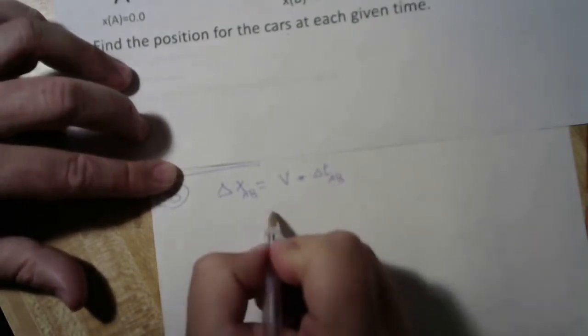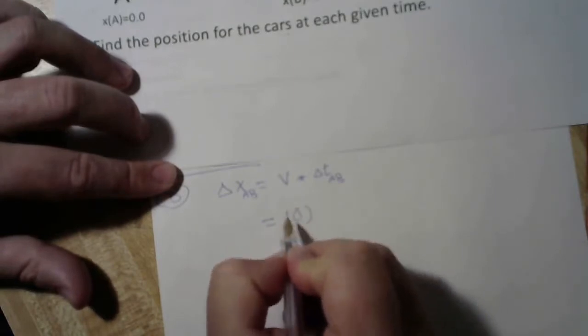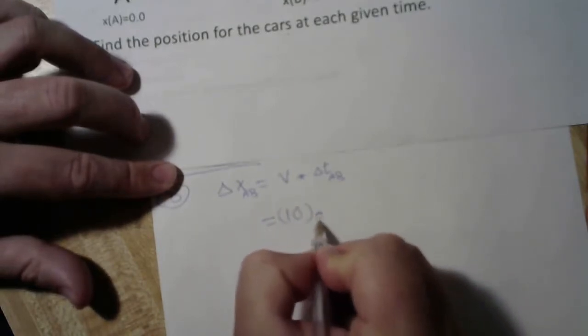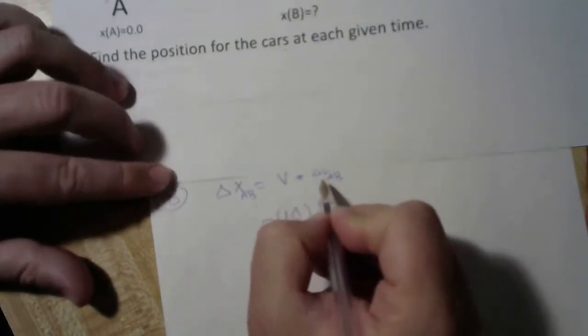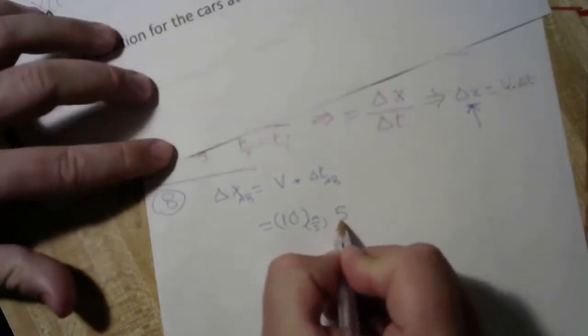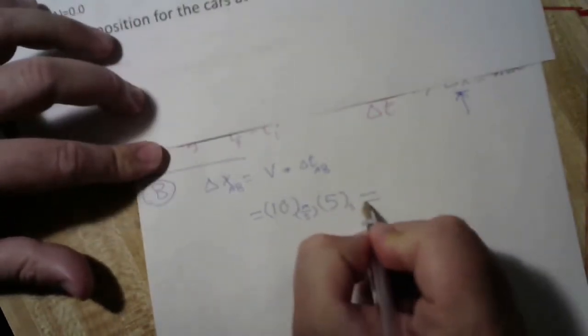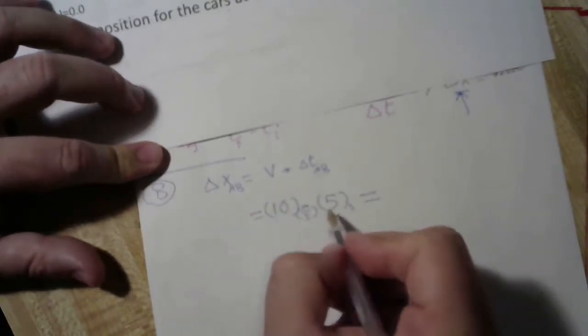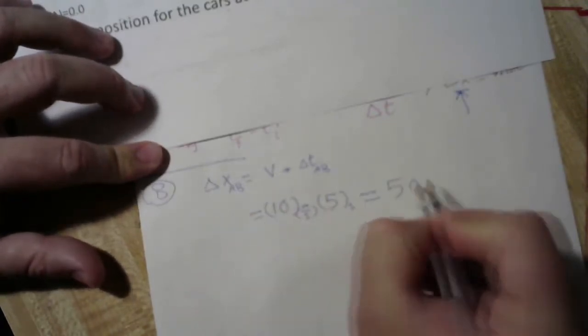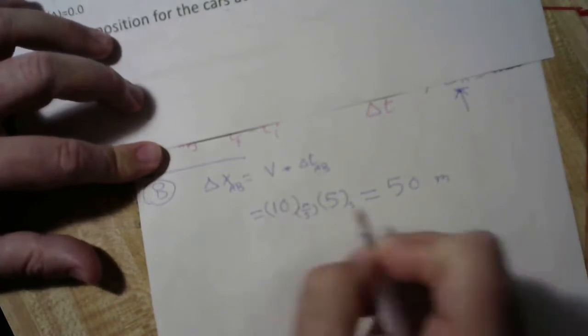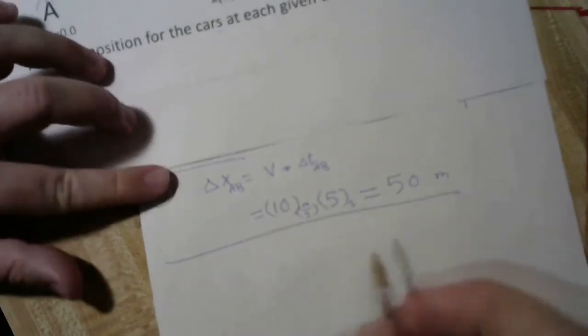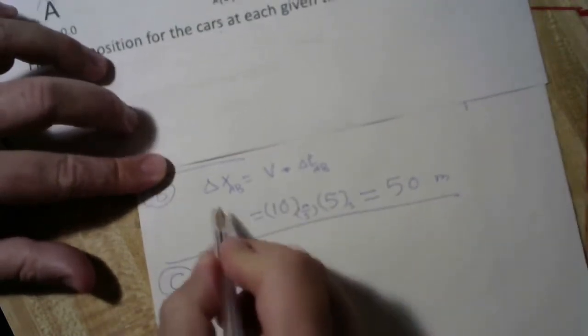Okay, the velocity is 10 meters per second, multiplied by the time, which is 5 seconds at B. So the position now at B is equal to 50 meters. At point C, the same law.